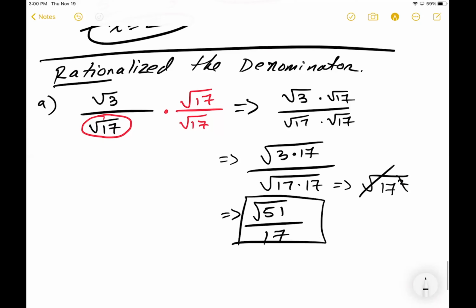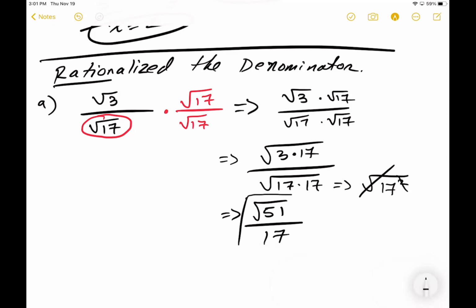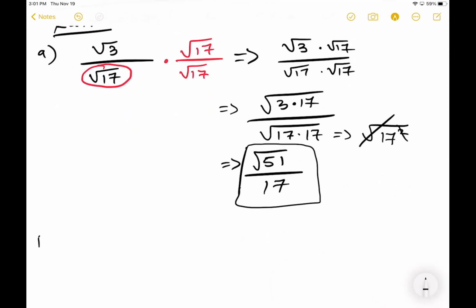And that is what we have in the sense of the answer. Because we have a pair of the same 17 and 17, we can take out one of them, which is my answer here. My answer is the square root of 51 all over 17.